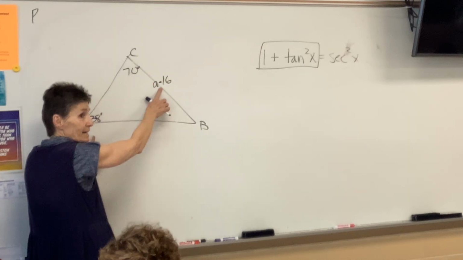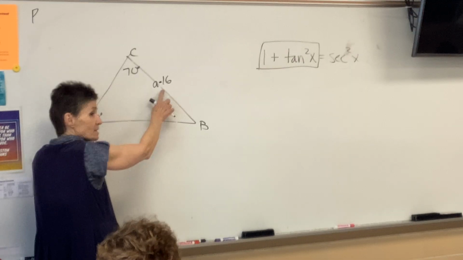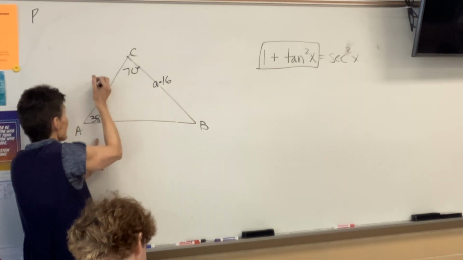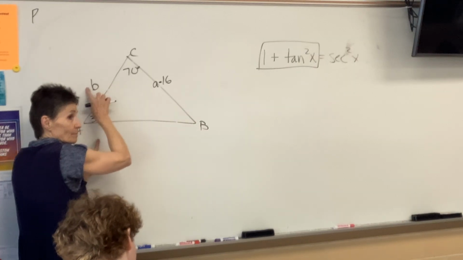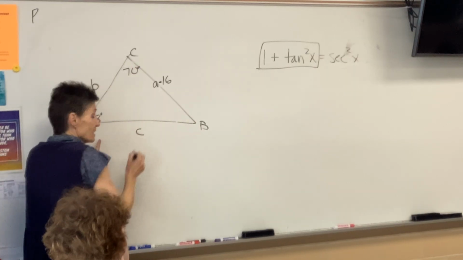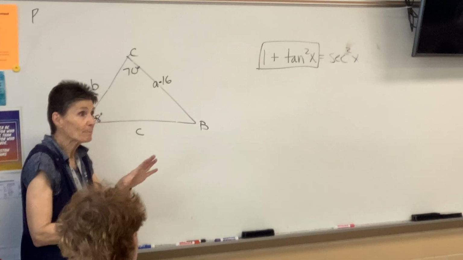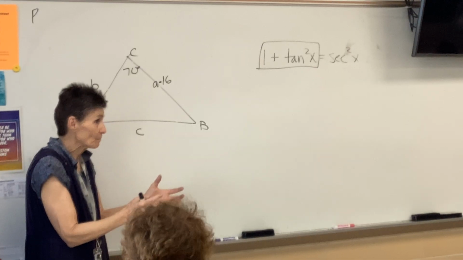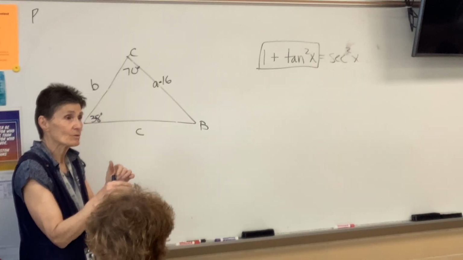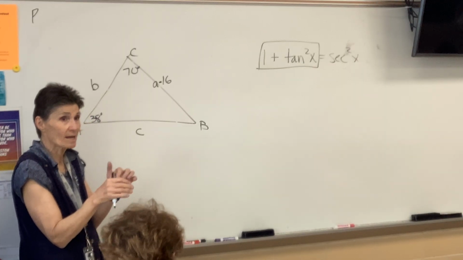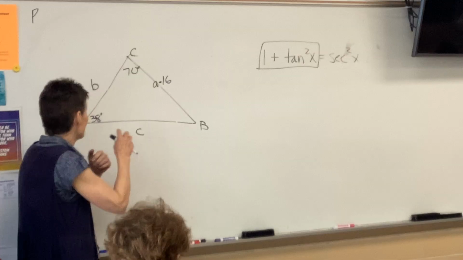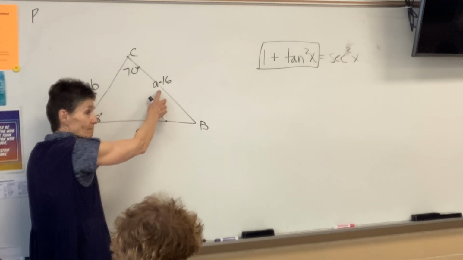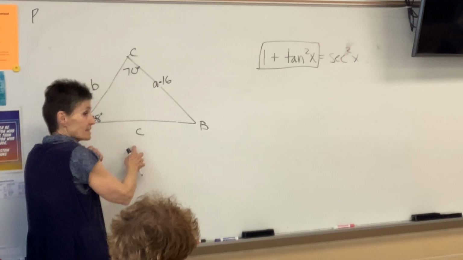So this is side A because it's across from angle A. This is side B and this is side C. So capital letters always refer to the angles, and then the small letters refer to the corresponding side. And by corresponding side, I mean across from it. Okay, got it? That's A, that's B, that's C.